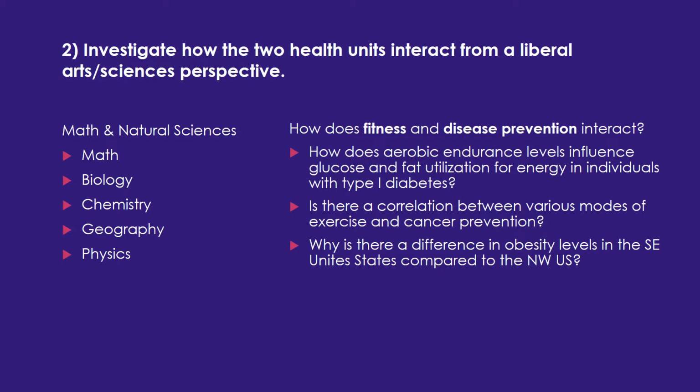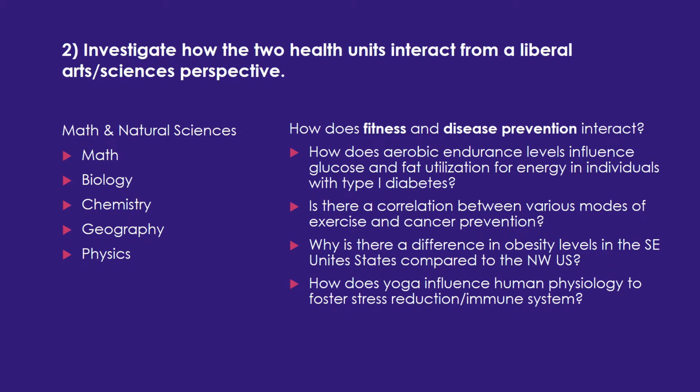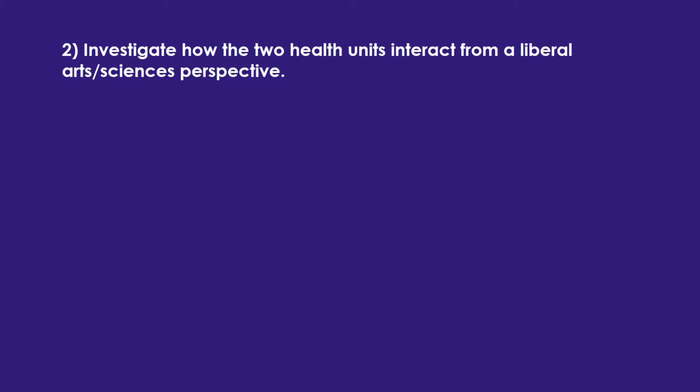We can get into some geography there. How does yoga influence human physiology to reduce stress and boost the immune system? Again, we can get into some biology and chemistry. What's the relationship between the FIT principle and cardiovascular disease? If there are 4 people in a group, this is the parameter you set, maybe they take 2, 3, or 4 of those different aspects in the natural sciences.